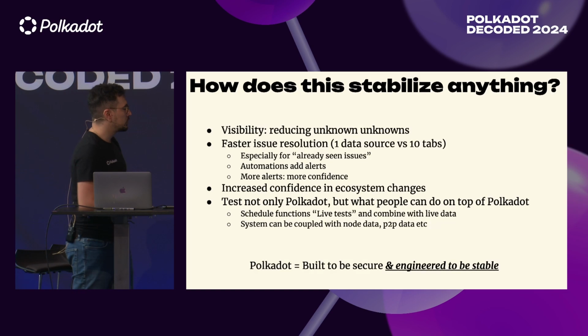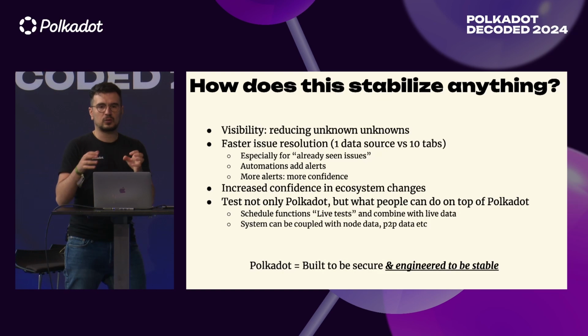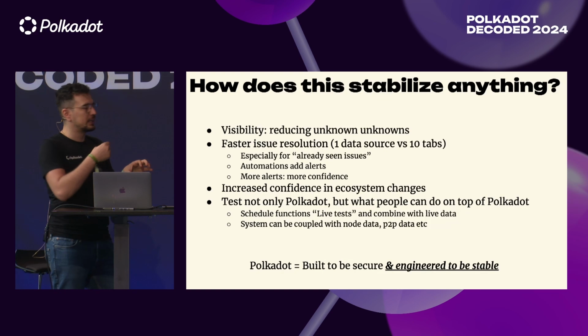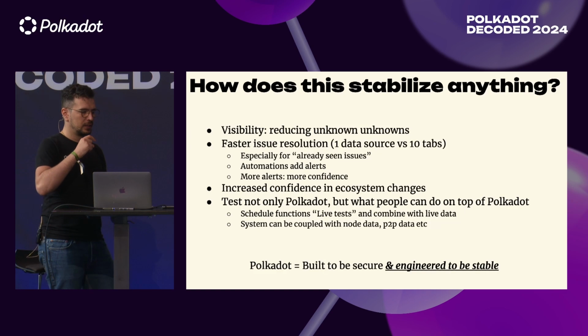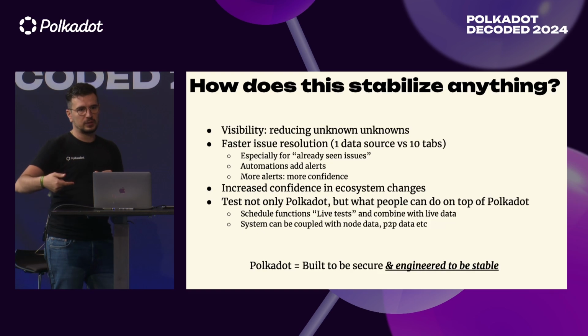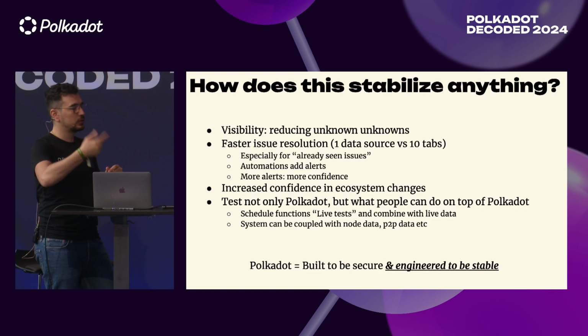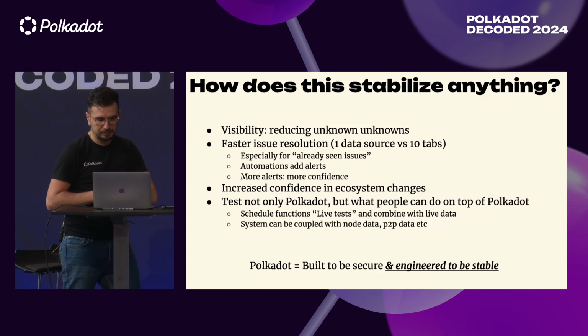We can also use this same approach to test not only what Polkadot is doing, but what people can do on top of Polkadot. Similarly, you can run transactions against the chain and compare in real time what the effect was. If the effect is different than what you would expect, you can raise an alert and ask people to investigate.